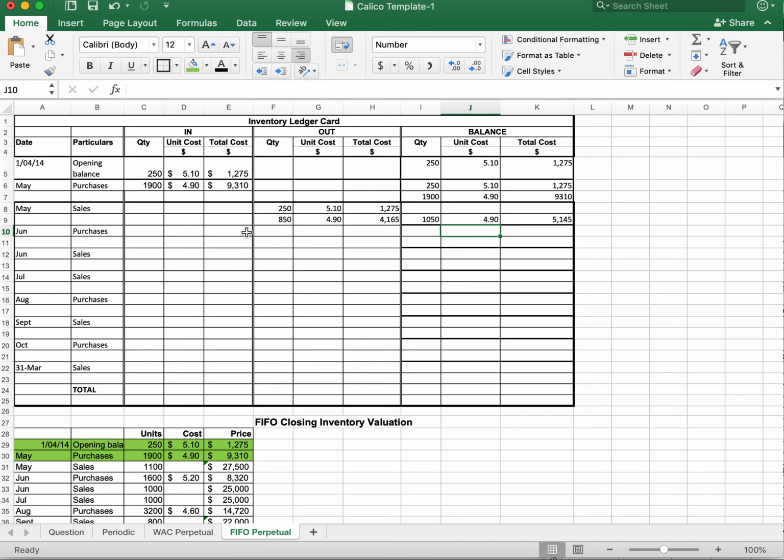Then we make some more purchases. We purchase another 1600 at the rate of $5.20, which is going up. Which means we have now got 1600 of those at $5.20, and we've still got what we had above.